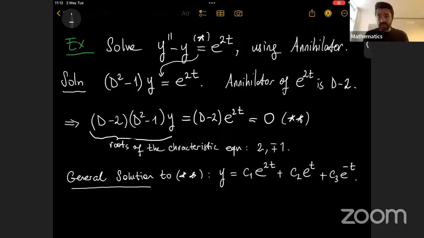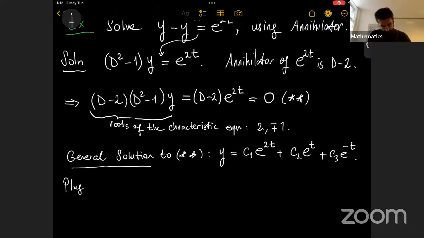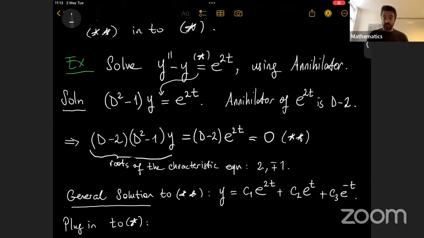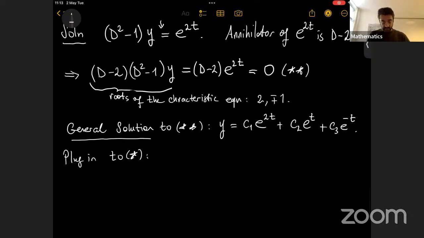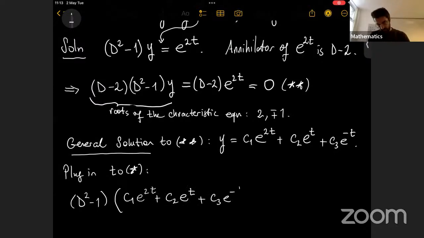But remember, not all of these are solutions of the first equation, so we will plug this back into the first one. So plug into star to find which ones are the real solutions of the first equation, the original equation. Okay, so basically the first equation is (D squared minus 1) of C1 e to the 2t plus C2 e to the t plus C3 e to the minus t.